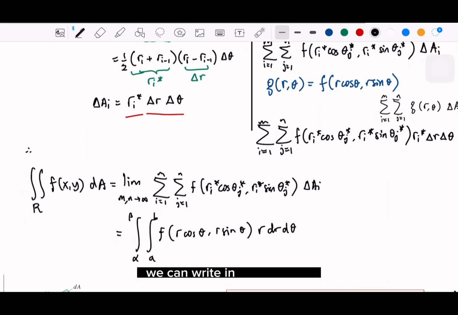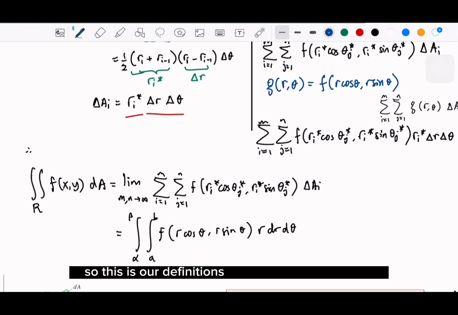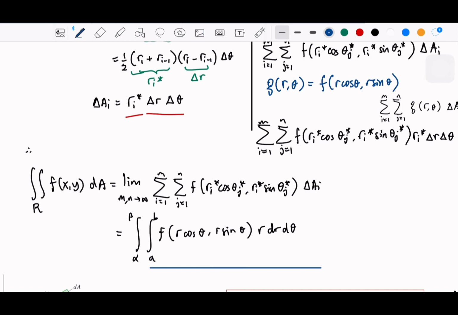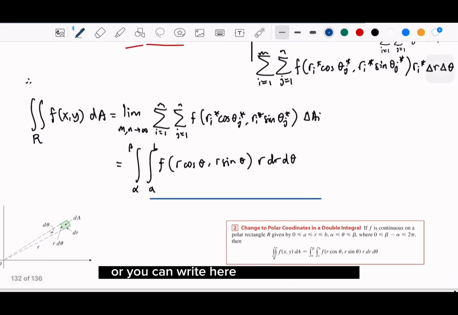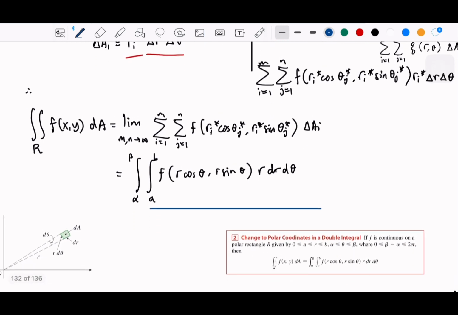We can write in terms of this. So this is our definition for the polar coordinates double integral. Or you can write here the conclusions.